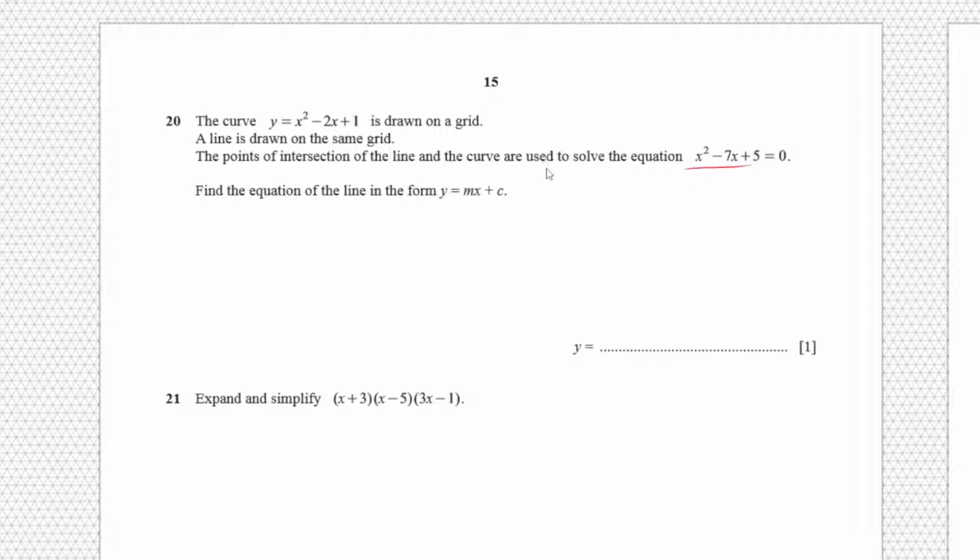So essentially, what we have to do is make this look like this, because this contains some element of the new line that was drawn. We'll have to get rid of this, put it on the other side, and make this look like this. Well, x squared, it matches. This is -2 here and this is -7 here. What are we going to do?